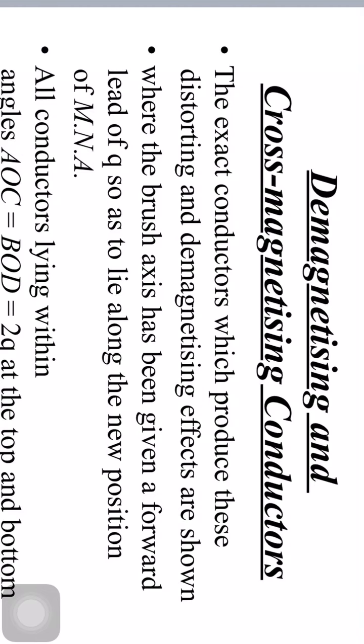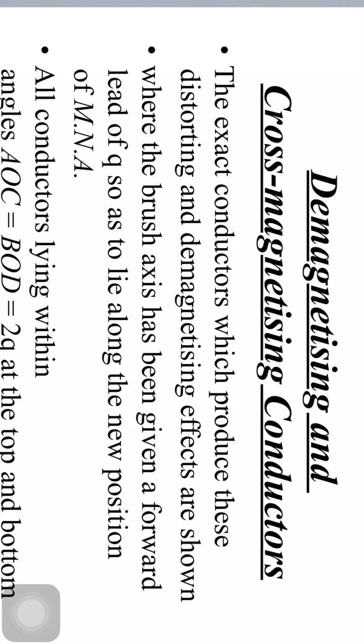That is, with no current in the armature conductors, the magnetic neutral axis coincides with the geometrical neutral axis. However, when current flows in the armature conductors, the combined action of main flux and armature flux shifts the MNA from the GNA. In the case of generators, the MNA is shifted in the direction of rotation of the machine. In order to achieve sparkless commutation, the brushes have to be moved along the new MNA.